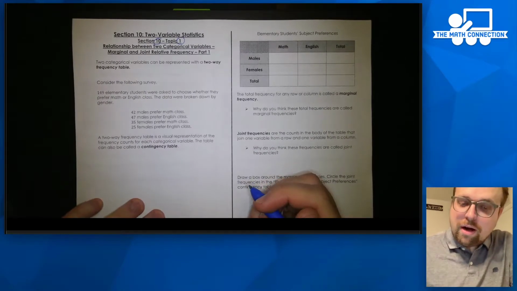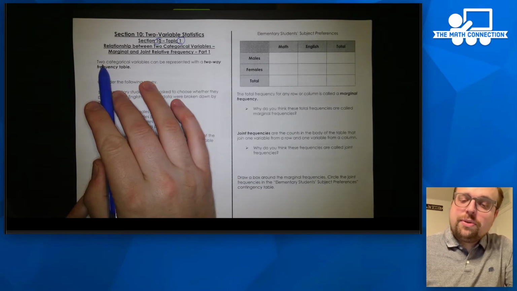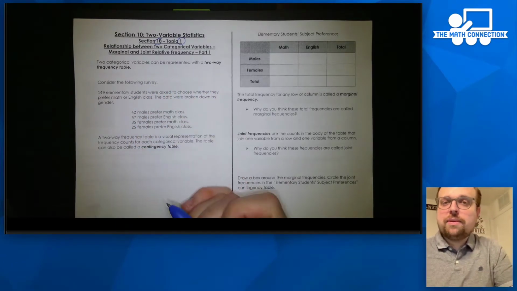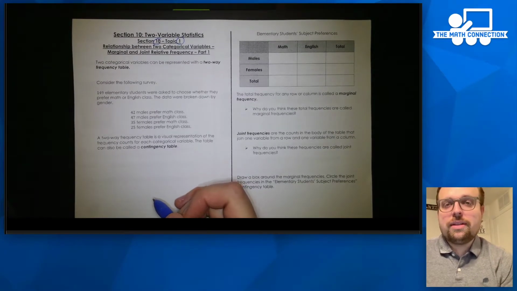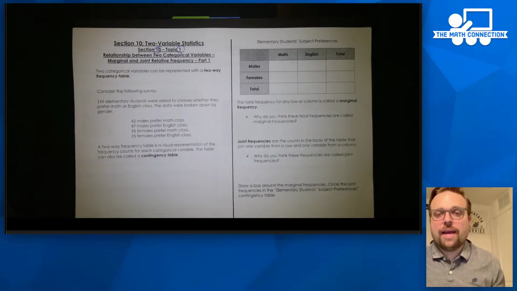Okay, so if we start over here, we're going to see that we have two categorical variables and they can be represented with a two-way frequency table. So remember, a categorical variable is when you're counting something that falls into a category.